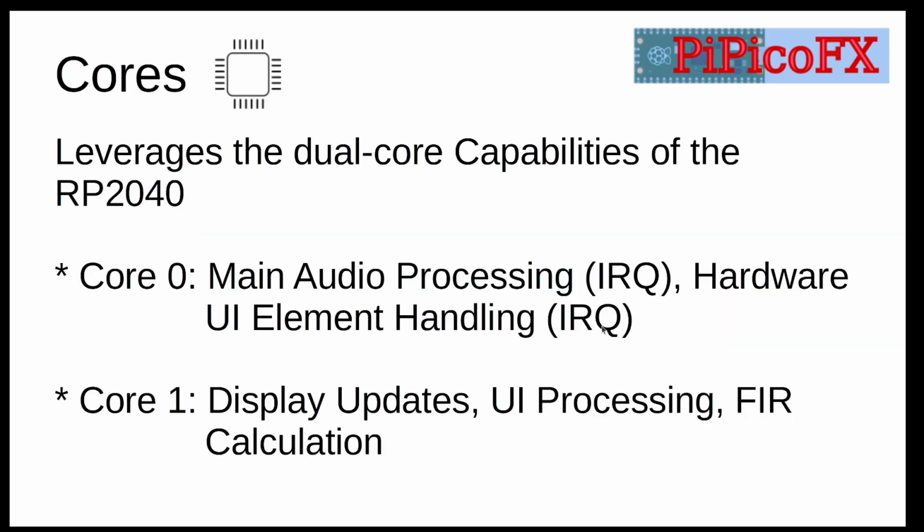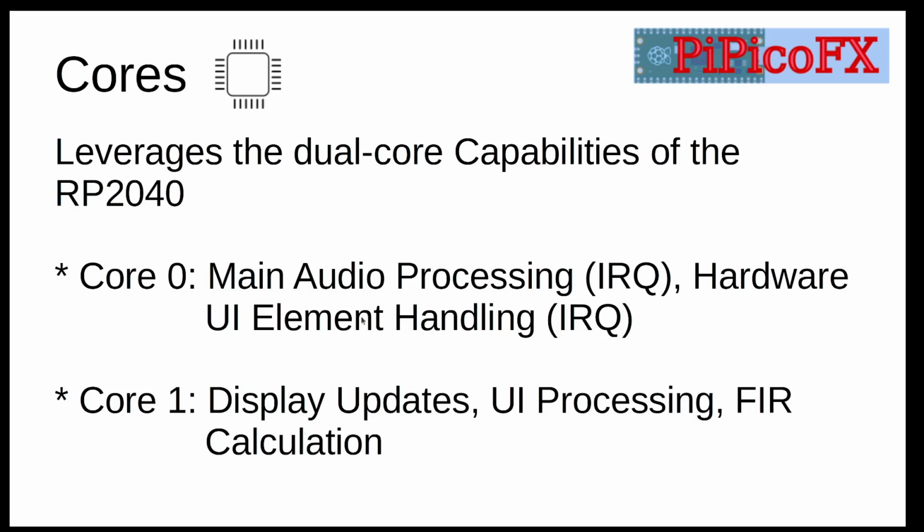And now let's get more into the programming tech stuff. It leverages the dual core capability of the RP2040, and this allows me to use a 64-tap finite impulse response filter. The RP2040 doesn't have any DSP extension or whatsoever, but it can still do this, which I think is quite amazing. Core 0 does the main audio processing, which is all handled using interrupt request routines, and it handles the hardware UI elements.